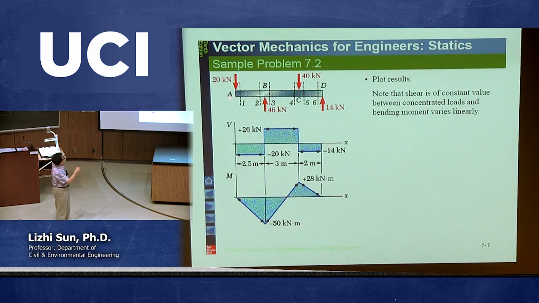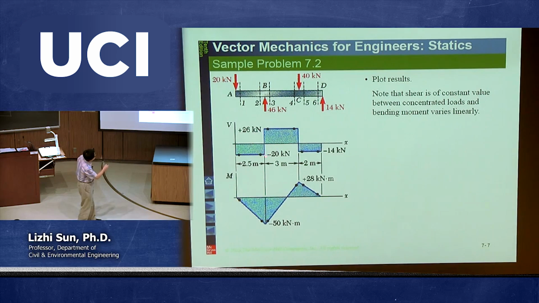We come back to look at the original picture. The reason you have this drop is because you applied a force acting at this point. So that's why, to accommodate that kind of force, the shear force needs to drop. And that's exactly equal to 20, in fact. See, from here to here is 20. So that's why I have 20 here. At this point, there is a reaction, but it's going up with a 46.